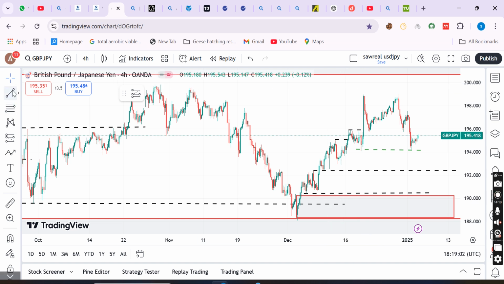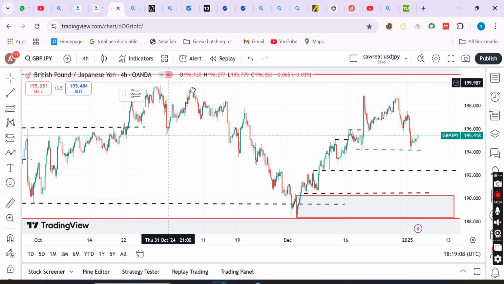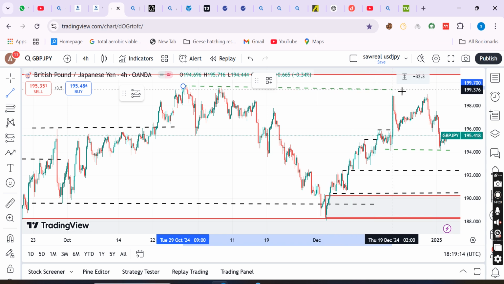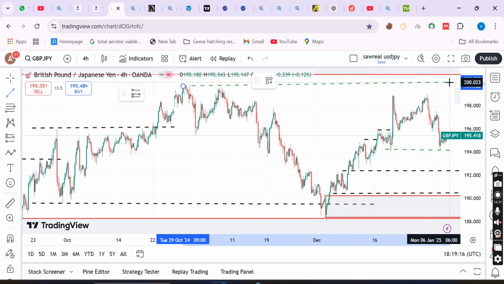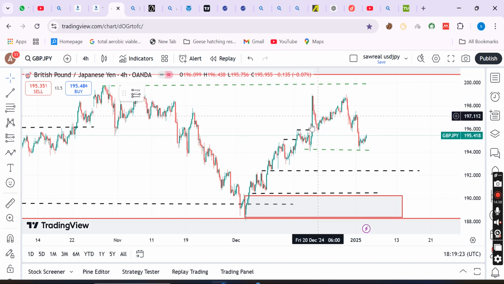So once this high hasn't been taken out, you still want to look for sell opportunities, and especially after you've seen a break of structure here.